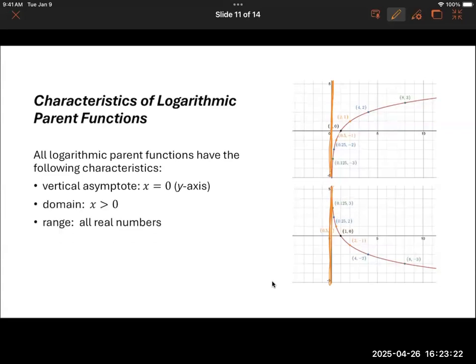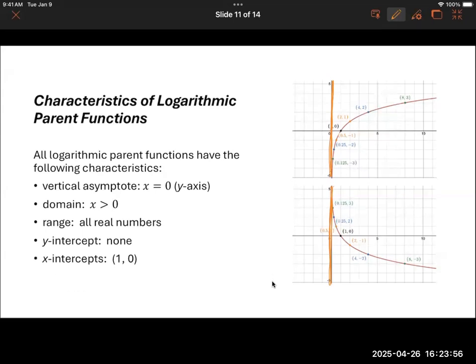Similarly, with domain and range, we know that if we're switching the x and y coordinates in the points, then that means we're switching the domain and the range. So now it is the range where we can use any numbers, we can get any result. But for domain, we can only use x values that are greater than 0. There is no y-intercept because, again, that is a vertical asymptote, so we cannot have any y-intercept.